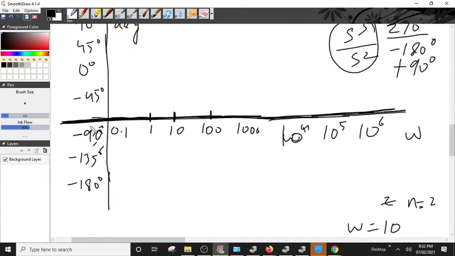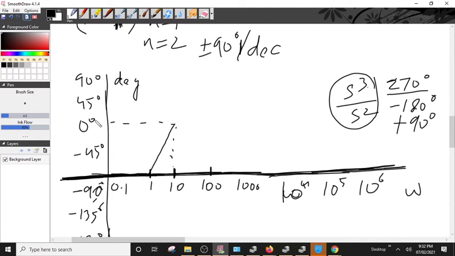We are standing at minus 90 degrees, so in one decade we should travel 90 degrees, meaning we should reach 0 degrees, and then in the other decade we are at 0, so we should reach 90 in this decade. And then it would flatten out, not like in the Bode magnitude plot where we go onwards up till infinity. So this is the slope of the first break frequency.